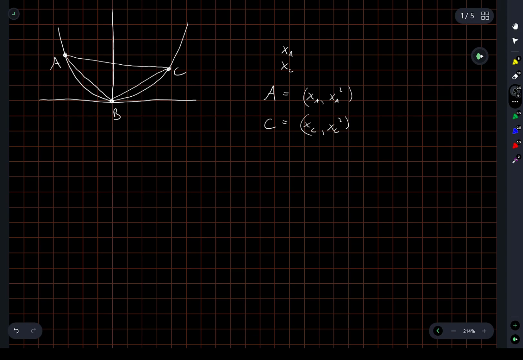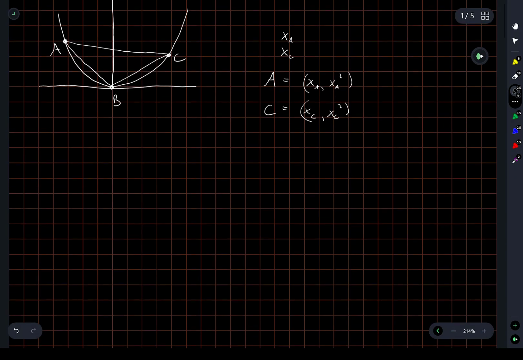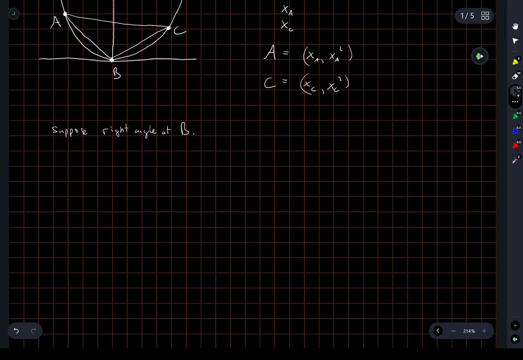I'm going to see what happens when I just arbitrarily say that the point B is the right angle. So we're going to suppose that the right angle is at B.